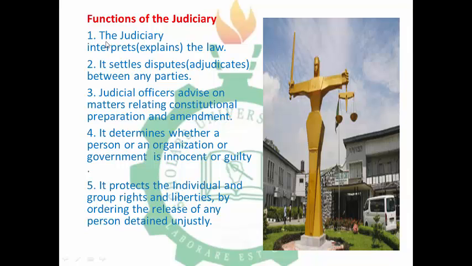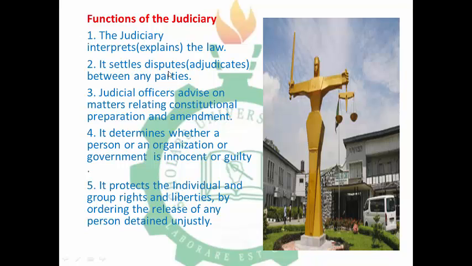That is, the judiciary explains the content of the law to individuals, the plaintiff and the defendants, or whoever wants to know more about the law that are there to witness the proceedings in the court. So therefore, it is the function of the judiciary to explain the content of the law to an individual before the court.